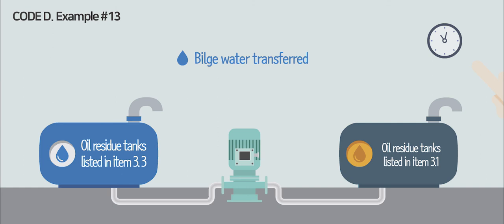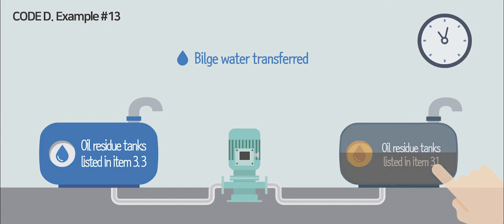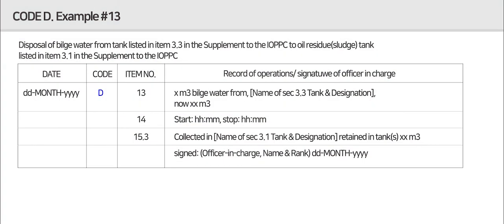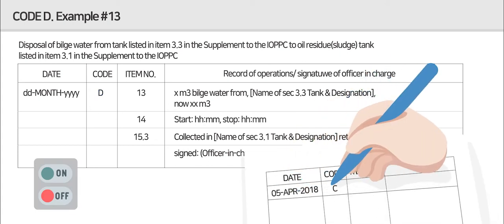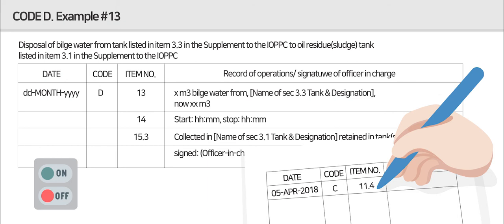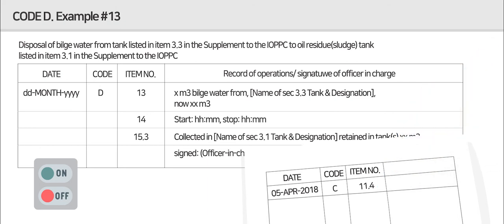Start and stop times transferred. Item 15.3. Name of tank collected and quantity retained are recorded under Code E. Note: a Code C11 for recording may be required if this operation is a manual operator-initiated operation.